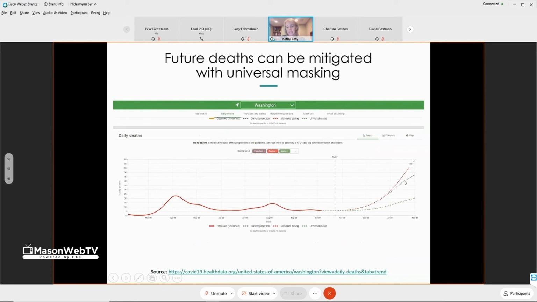And then you can see that this purple line indicates the number of daily deaths we might expect moving into the winter if we keep our conditions as they are now. And what I wanted to point out is that they have predicted that if we are able to achieve universal masking, that is more than 95% of the population wearing masks all the time, we would see a much lower number of deaths every day going into the winter.